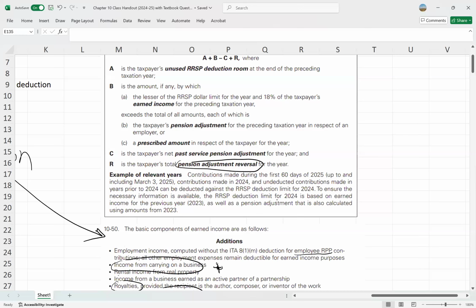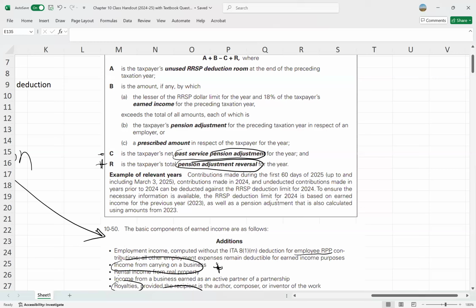And C is a minus: the past service pension adjustment. So both the C and the R relate to pension adjustment. Remember, pension adjustments are the amounts that you and your employer put into the company-sponsored pension plan. The R will increase your RRSP deduction limit. The C will reduce it.